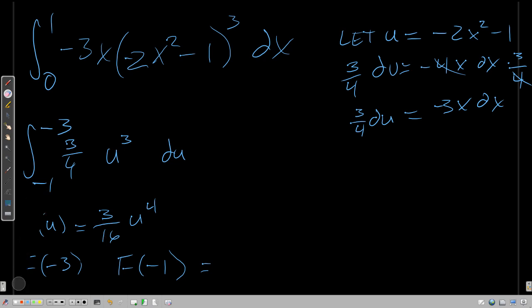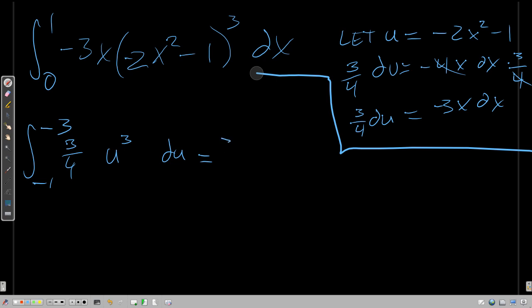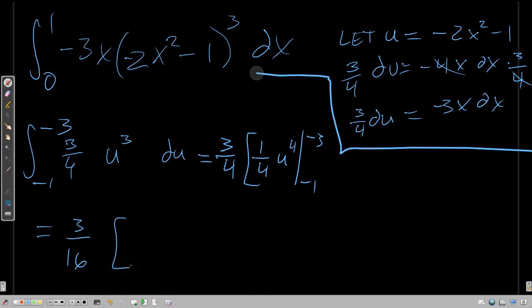So maybe that's a good argument for doing it like this, and just saying, well, my 3/4 will come out, and then we have our 1/4 u to the fourth evaluated between -3 and -1. You could simplify that even further and just say 3/16, and then here's my u to the fourth from -3 to -1, so this would be 3/16.